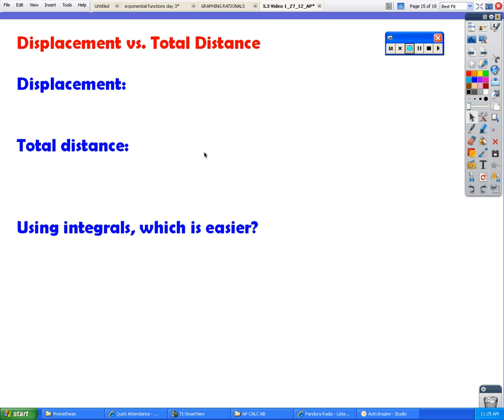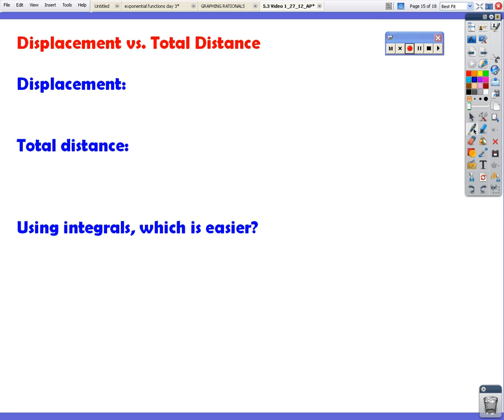So this video will be for total area, and I'm going to do it based on our knowledge from 5.2, where I kind of introduced you to total area. So displacement is our net signed area. And really that's our wording for just our plain old integral.